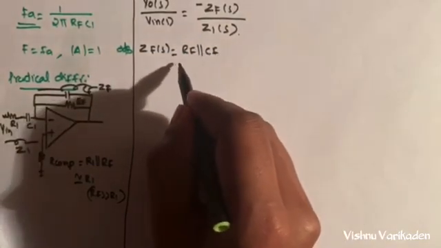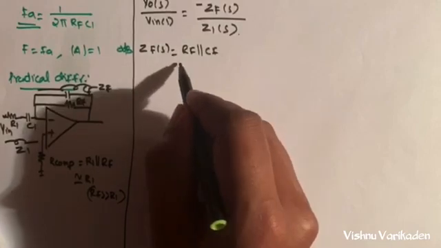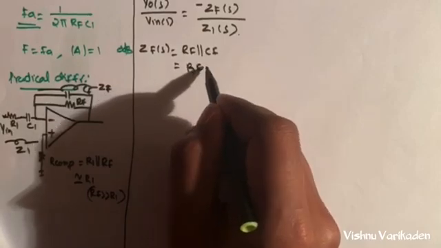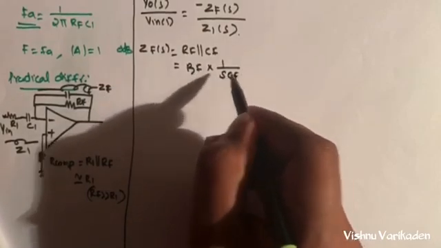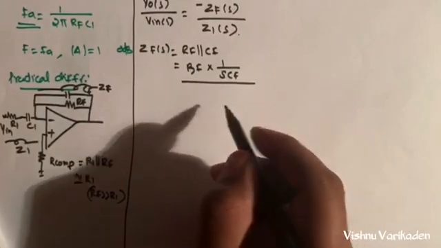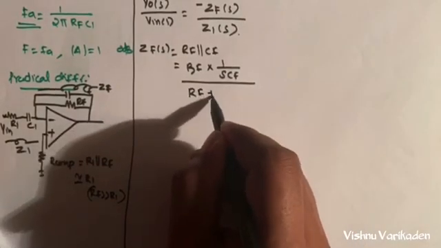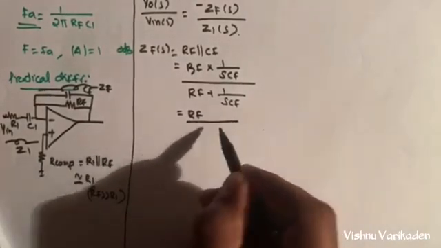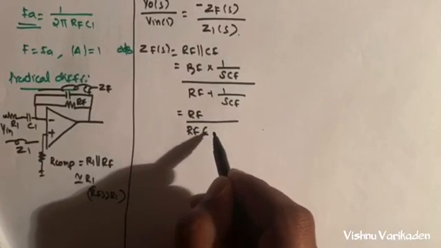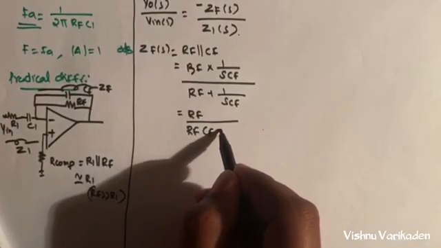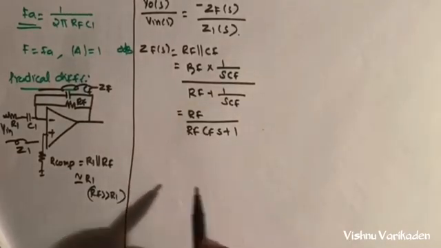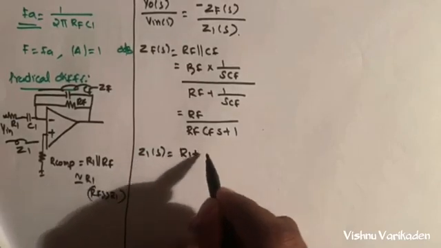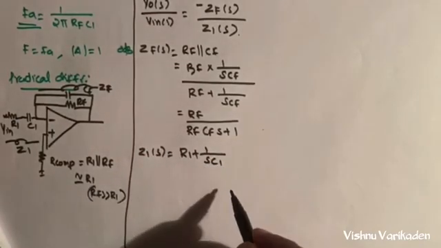So we can write RF into 1 by S CF, divided by RF plus 1 by S CF. So we can get RF divided by RF CF S plus 1.